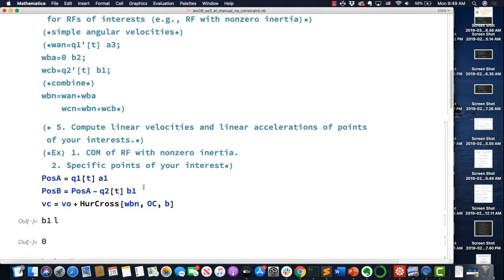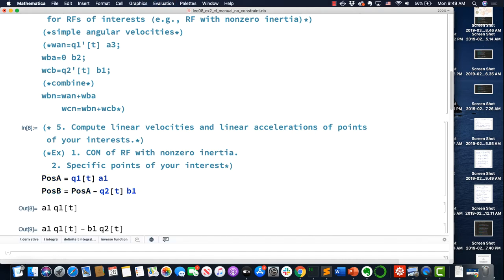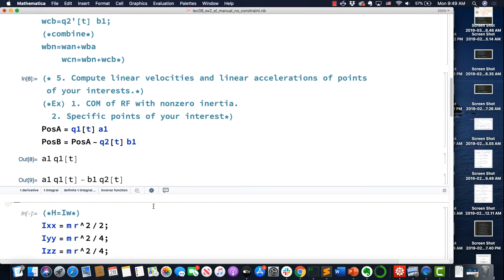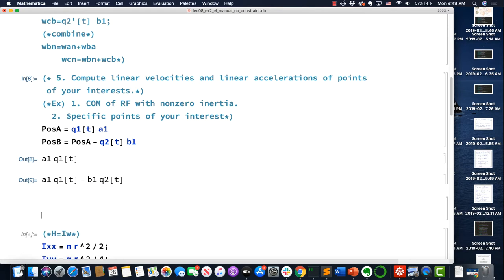Now, once we have that, then what do we have to do? So let's run it first and see what happens. So that's our position vector. Then now you can just compute the velocity by just simply differentiating it. One way of doing that is to use the vector differentiation formula. So that means you just convert this one.